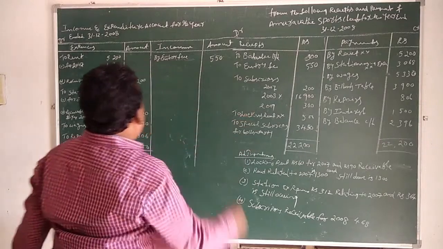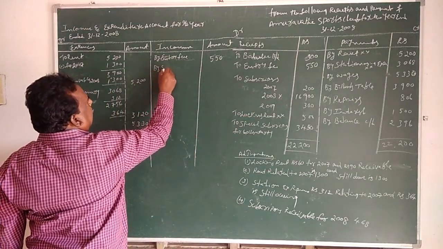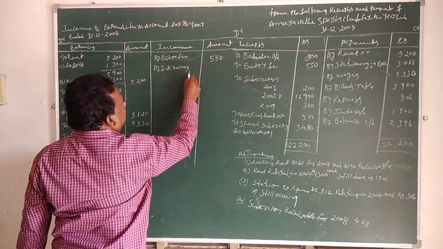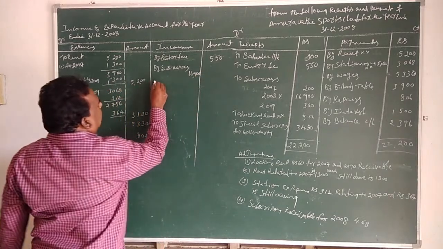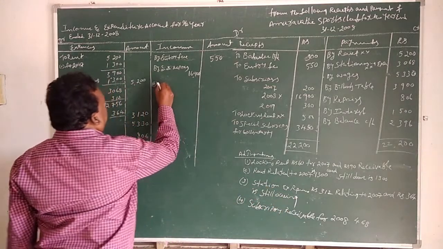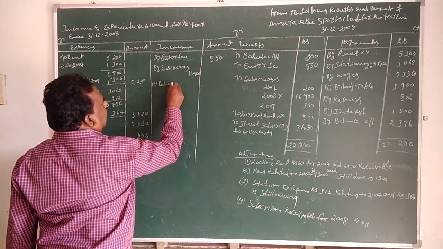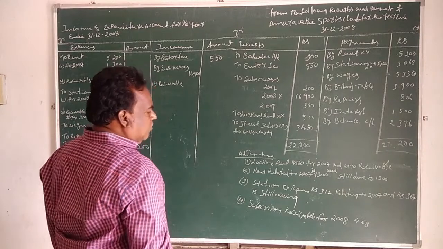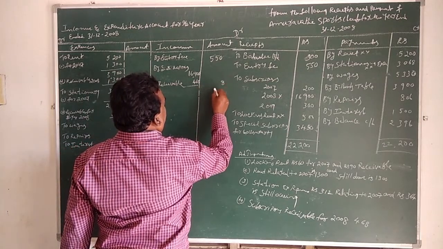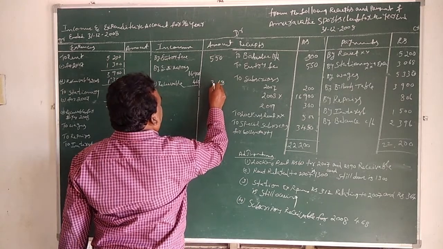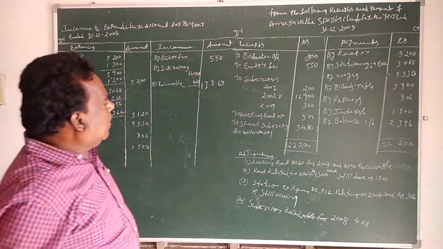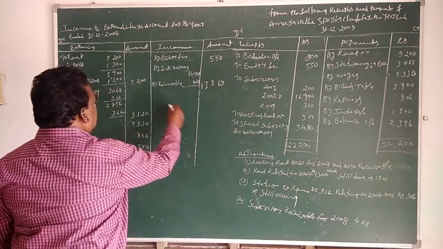Next, subscriptions 2008: by subscriptions 16,900 plus receivable subscriptions for 2008, 468, giving 7,368 subscriptions.